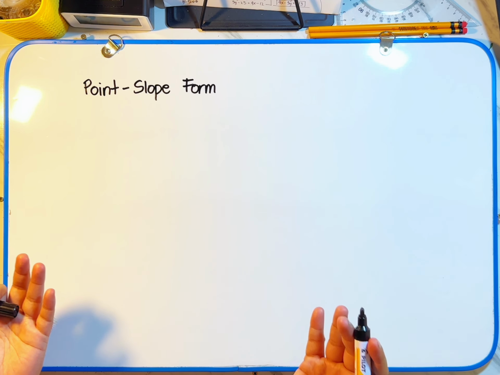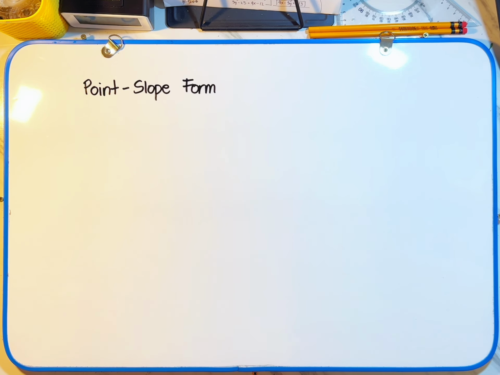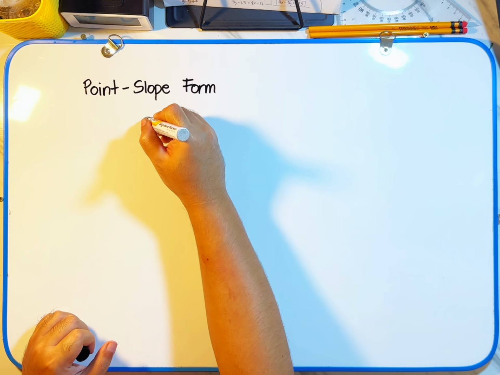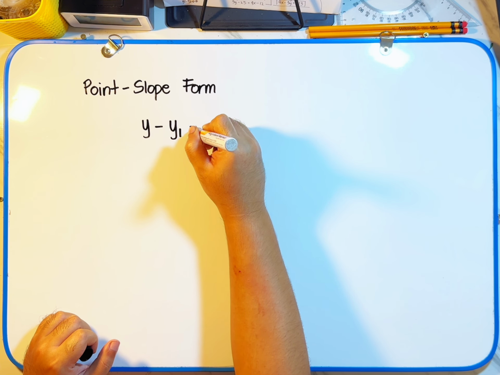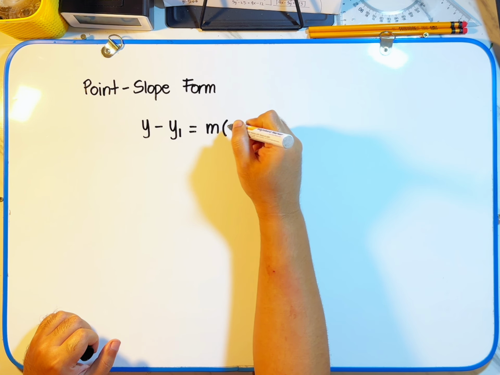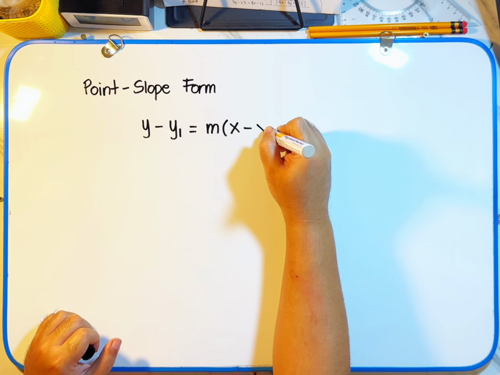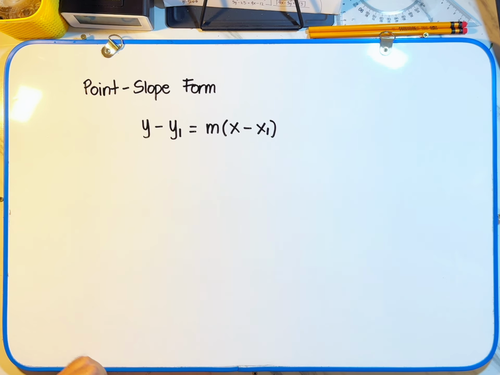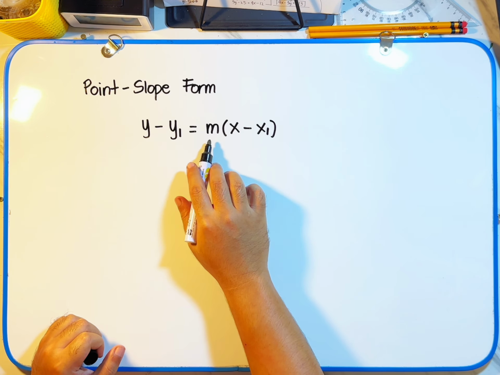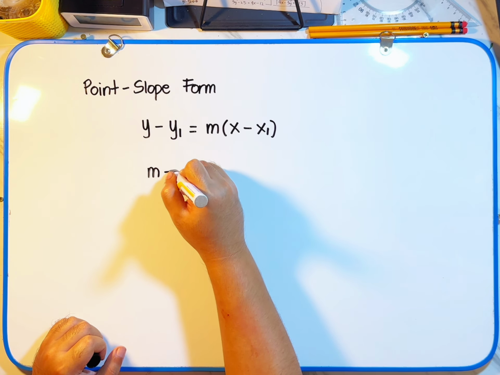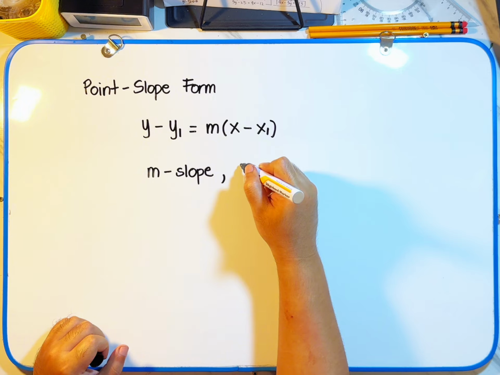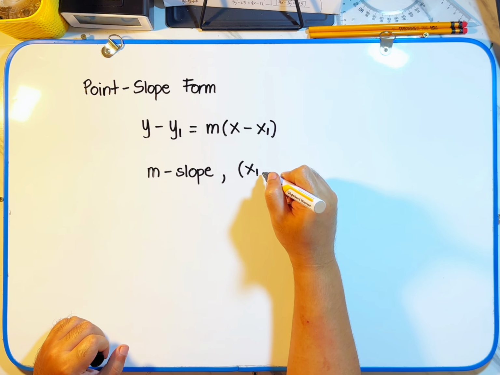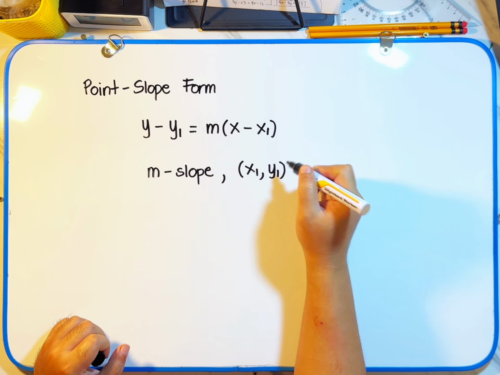The point-slope form of linear equations is defined by the following formula. y minus y sub 1 equals m times x minus x sub 1. Okay? Now, m is the slope, while we have a point x1, y1.